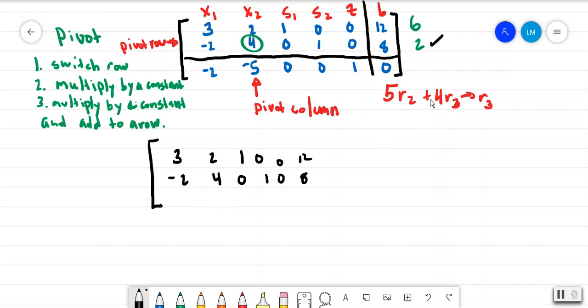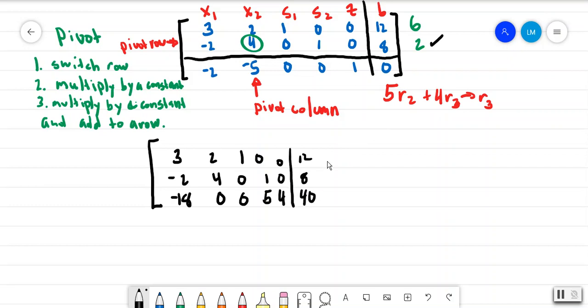When you multiply by 5, you get -10, and then you get -8, so that's going to be -18. Next, you get a 0 here, and another 0 because you have two zeros. Over here that's going to be a 5, and over here a 4, followed by 40. So we have 40.